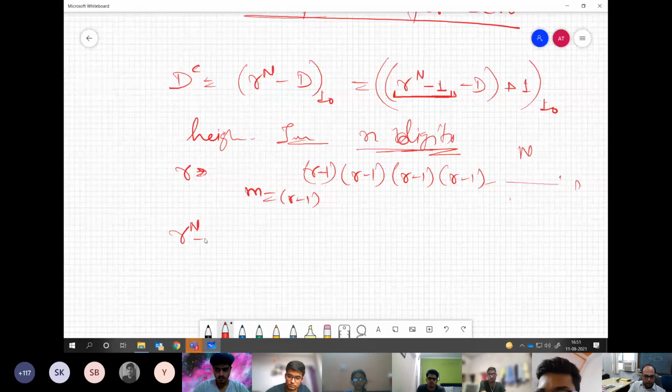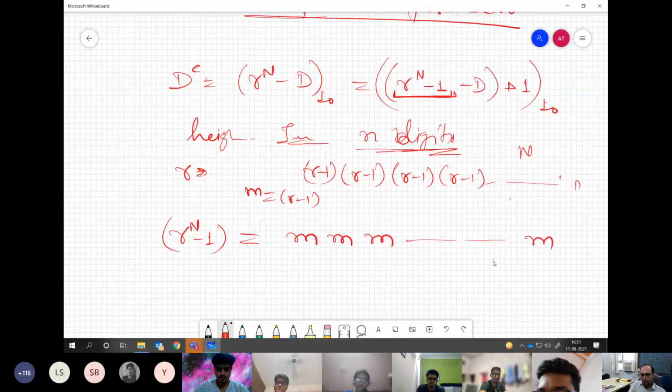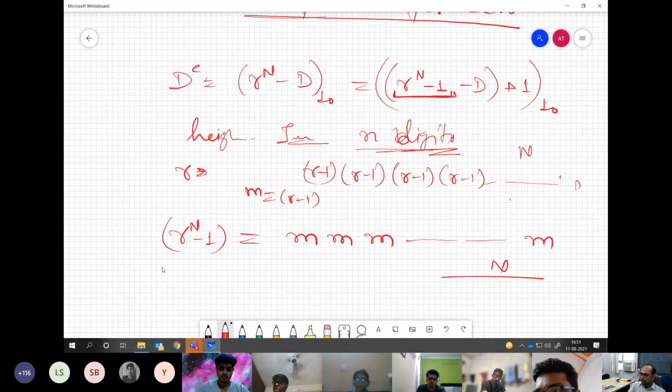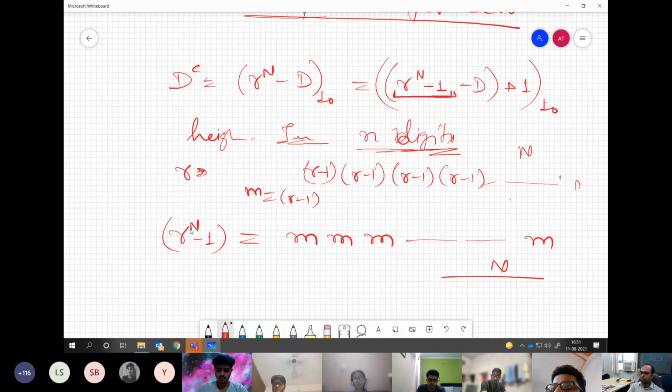So basically r raised to the power n minus 1 is nothing but this repeating series of m for n places. Getting my point?